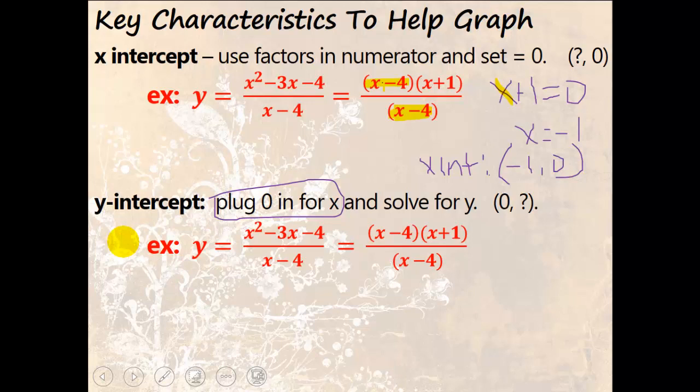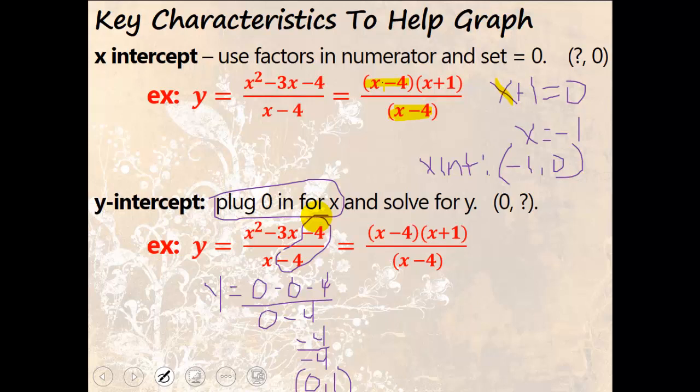So we get y is equal to 0 minus 4 over 0 minus 4. So I just get negative 4 over negative 4. So I get the point 0, 1. Look here. In this form, it's always going to be the constant divided by the constant.